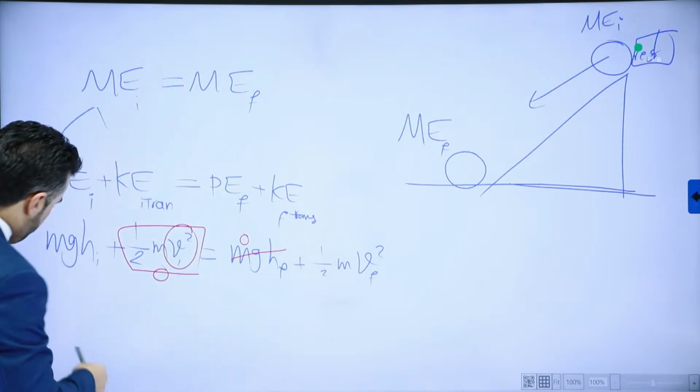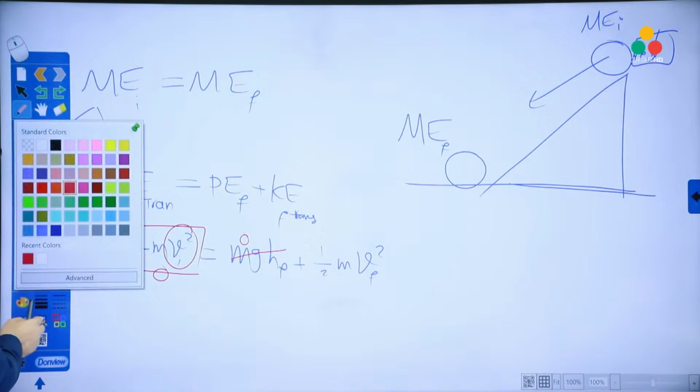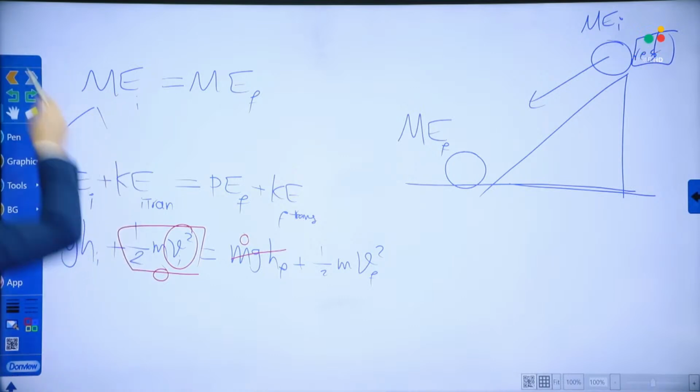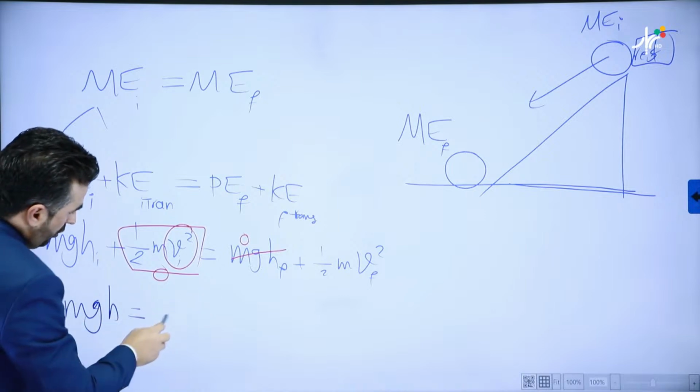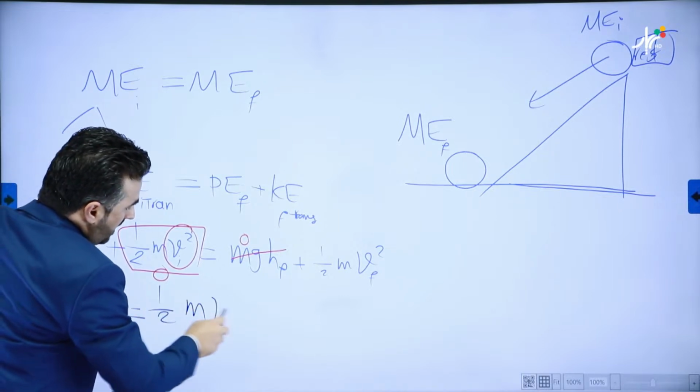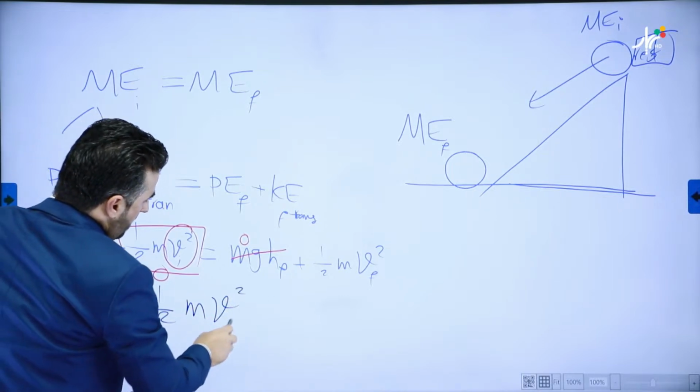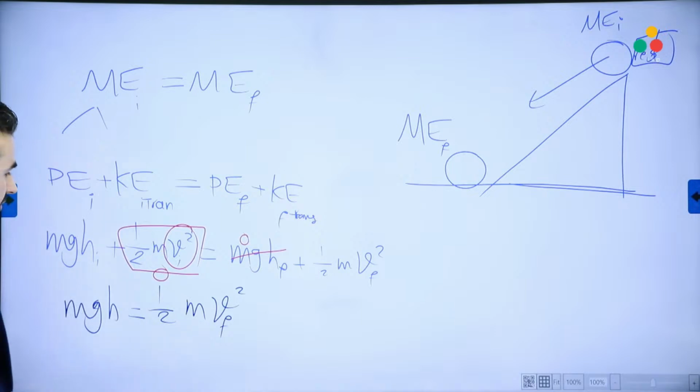So in this case, let's rewrite this again. So we can say mgh equals 1 over 2 m v final squared, yeah? And then by the way, we have mass of the object at both sides, so these two will cancel out.